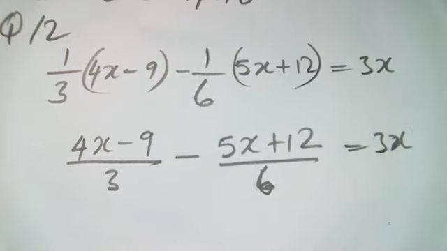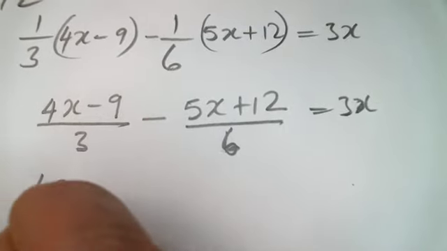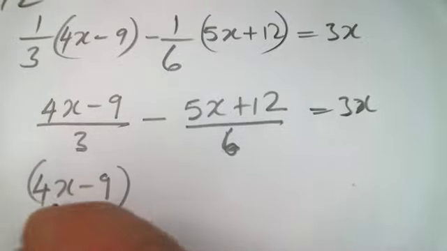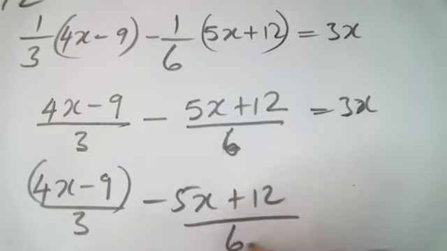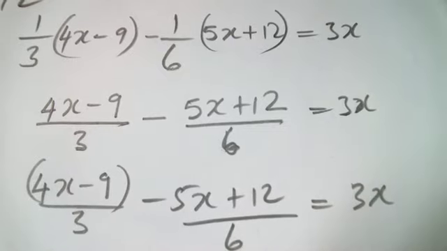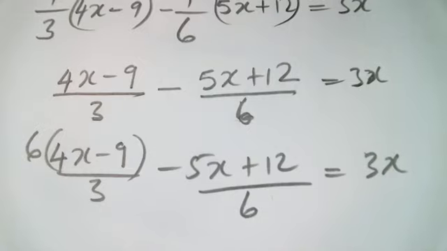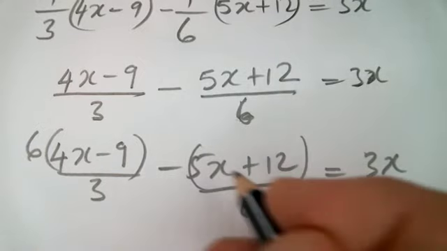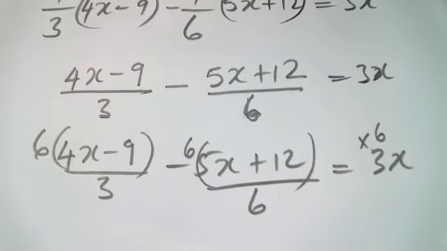So now I'm going to restore the brackets for that procedure. Here it is: 4x minus 9 over 3 minus 5x plus 12 over 6 is equal to 3x. So I'm going to multiply all this by 6. Put a 6 in front, and multiply this by 6 as well.